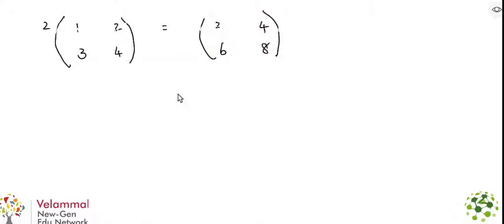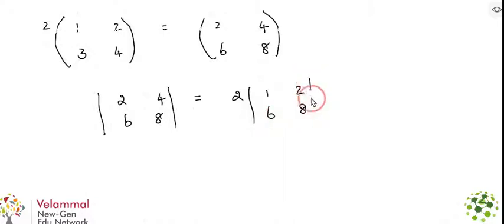Understand? Okay, but when I am given determinant of 2 4 6 8, I can take out 2 from the first row, and again I can take 2 from the second row. Agree with me? Because in a determinant I can take out from each row if there is a common factor.